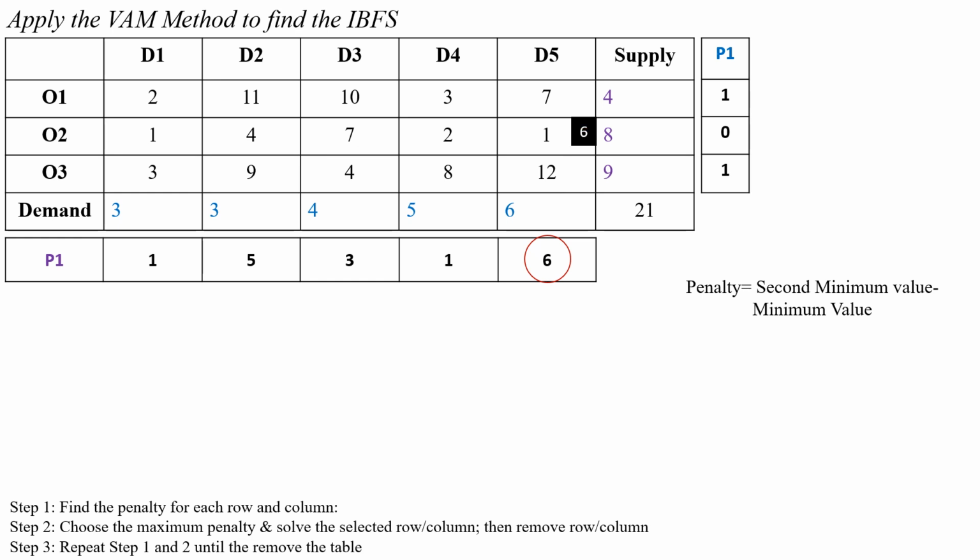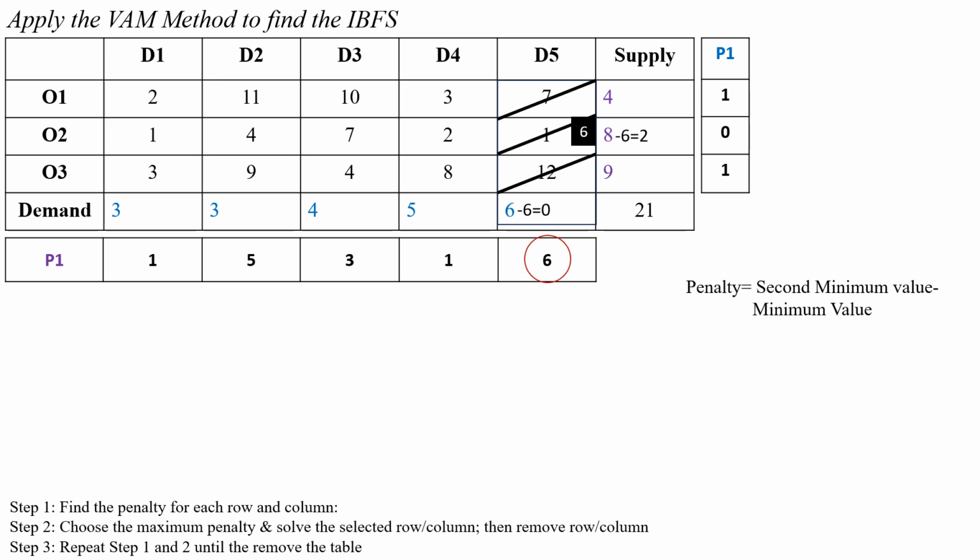After that we subtract 6 from the demand and supply. Then supply will become 8 minus 6 equal to 2. Demand will become 6 minus 6, which is equal to 0. So here the D5 column is 0. Then we have to remove the D5 column.